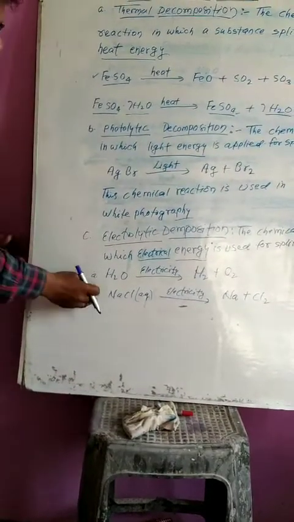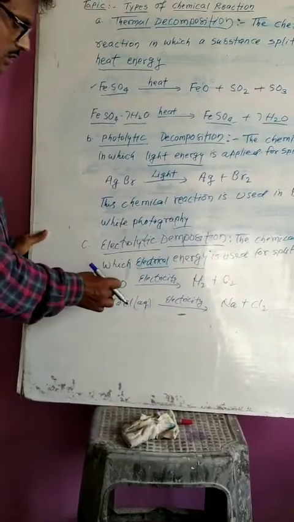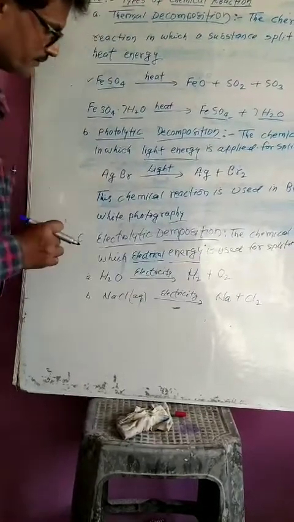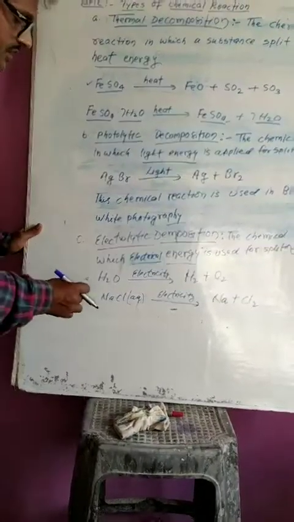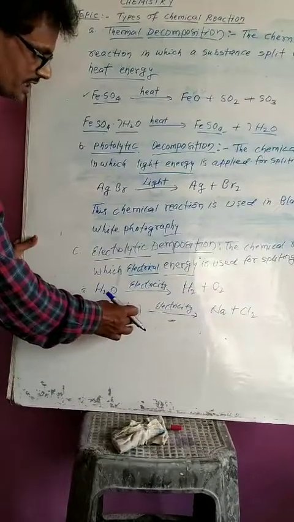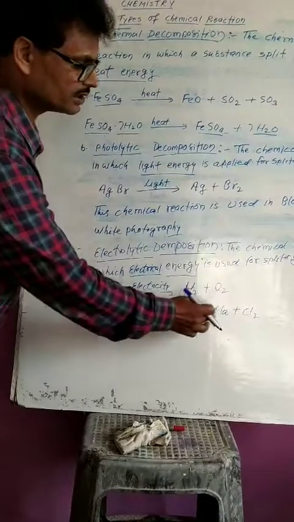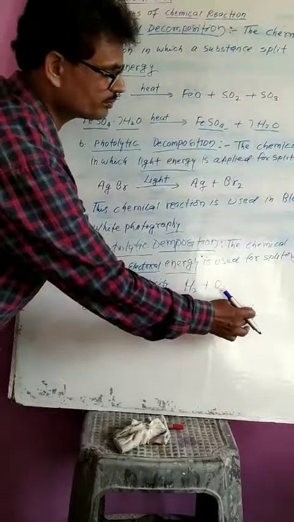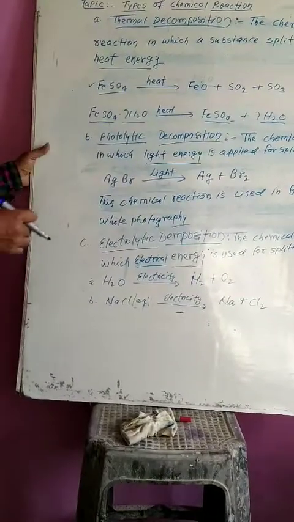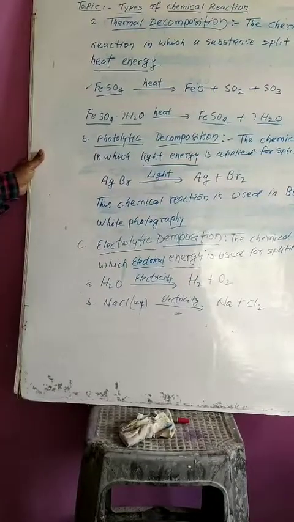These are the two examples of the electrolytic decomposition, under which in the first case water splits into hydrogen and oxygen on applying electrical energy, and in the second case when current is allowed to pass through the aqueous solution of sodium chloride, it splits into sodium and chlorine gas. These are the three different types of the decomposition reaction taking place.